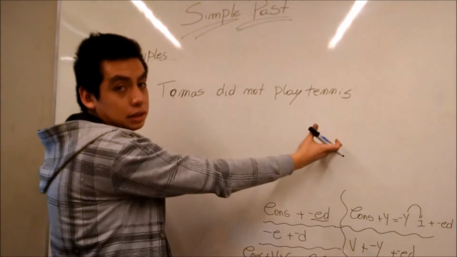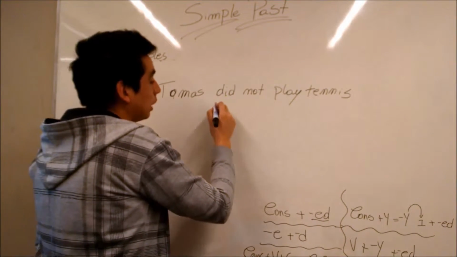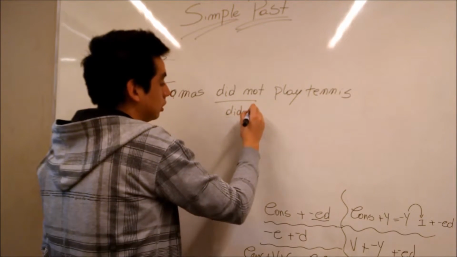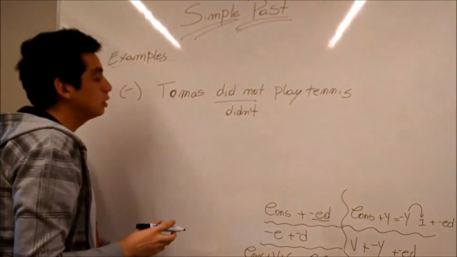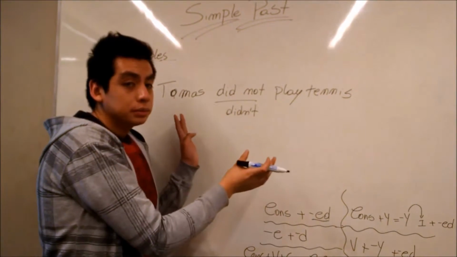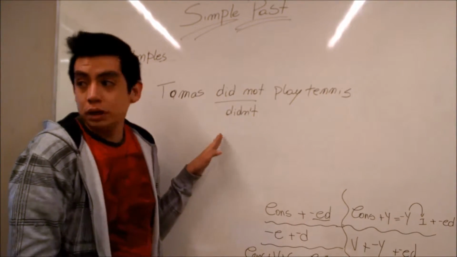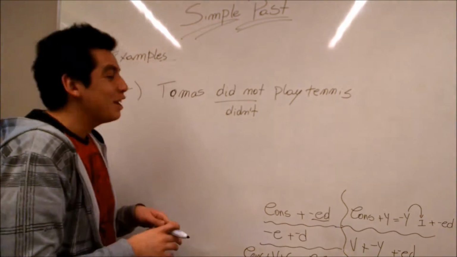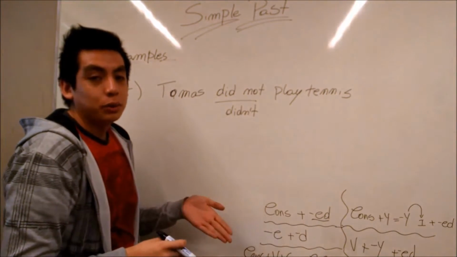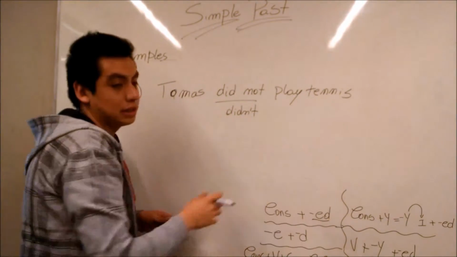Tomás did not play tennis, for example. In the case of did not, we can contract this to didn't. As I said in the first video, did not is used just for the formal way to speak, and then we have the contraction for the informal way to speak. So Tomás didn't play tennis.